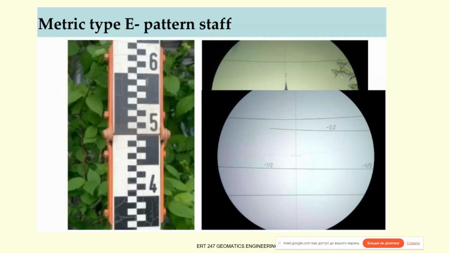Here you can see examples of when we raise the telescope up and down, the different crosshairs appear in the tube.